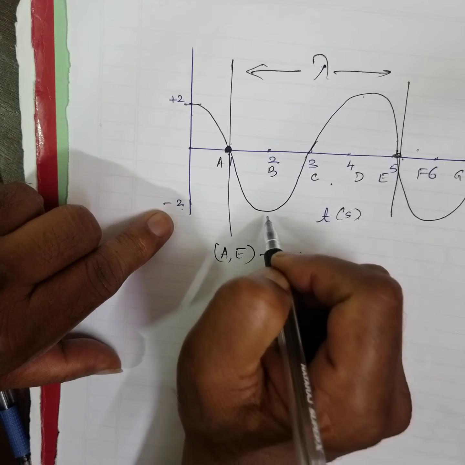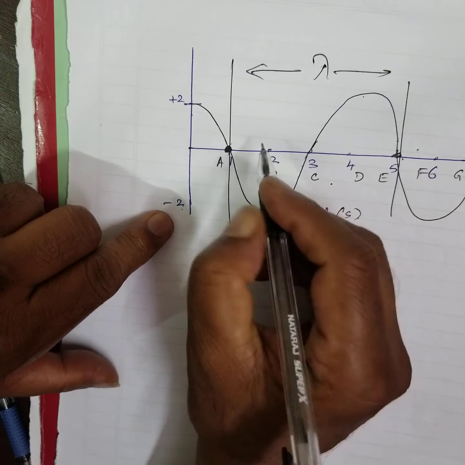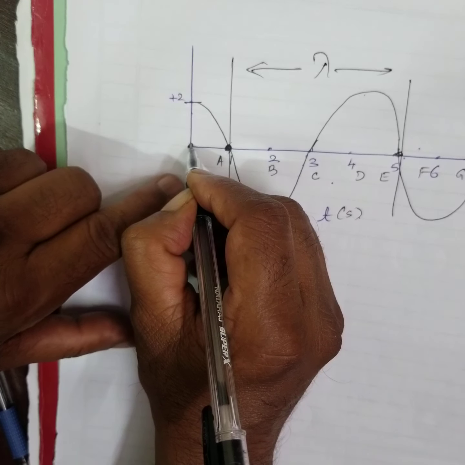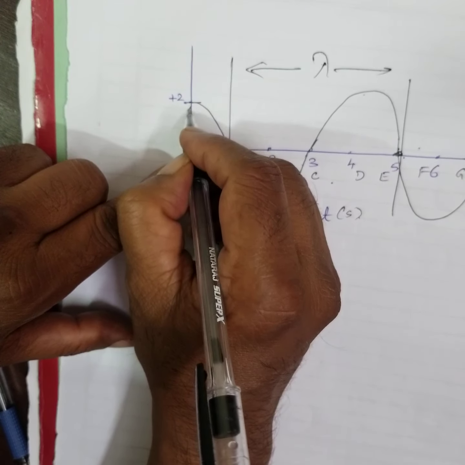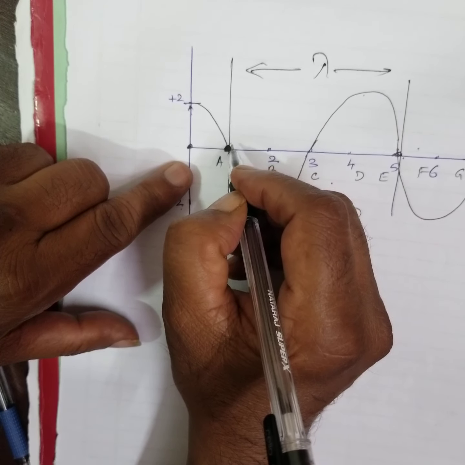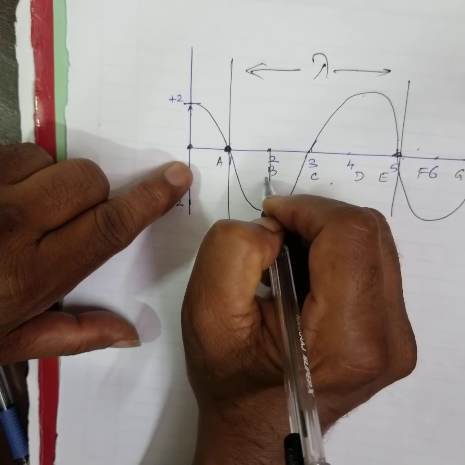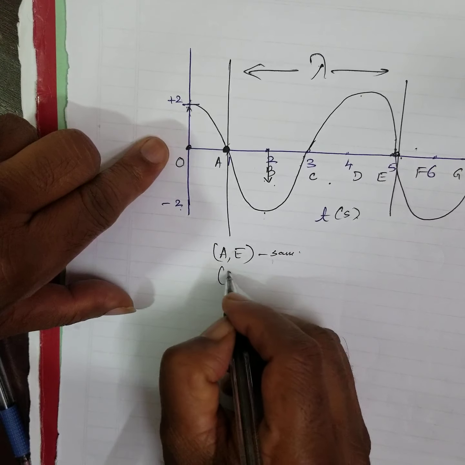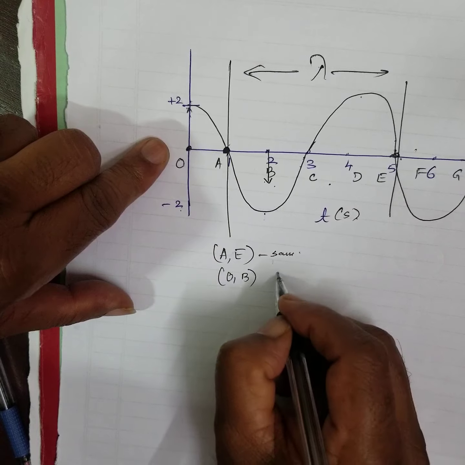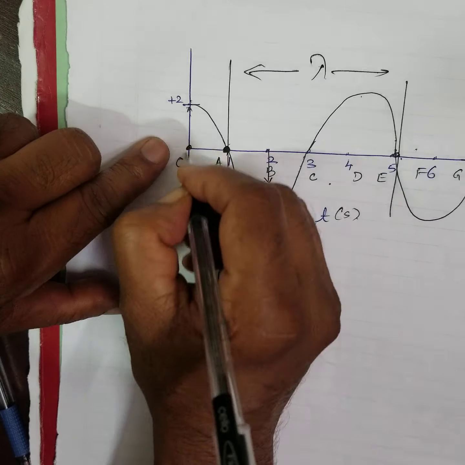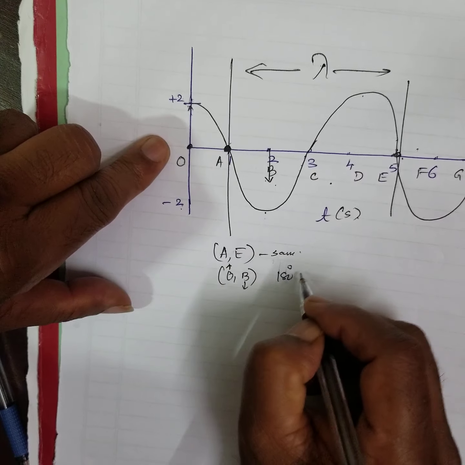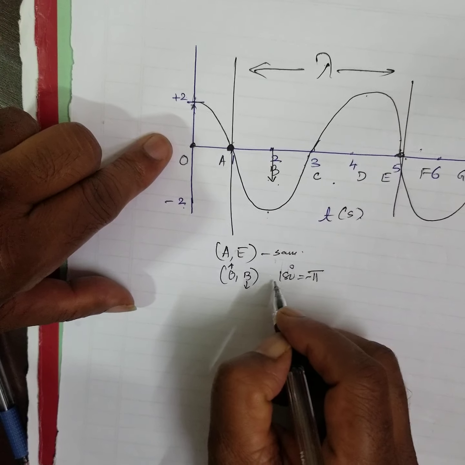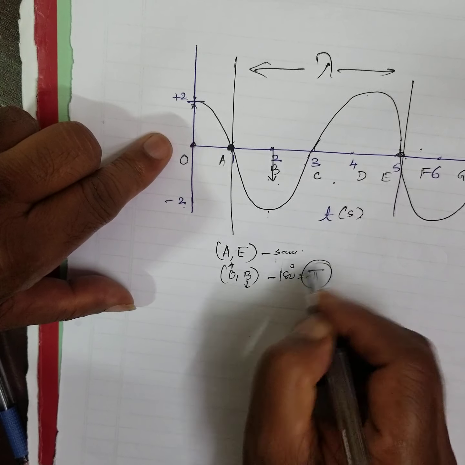Now the point at t equal to 0 is in the upper position, and the point at 2 is in the downward position. What is the phase difference between O and B? 180 degrees. One is upward motion, another is downward motion. The phase difference is pi. What that means? Minus pi. Okay.